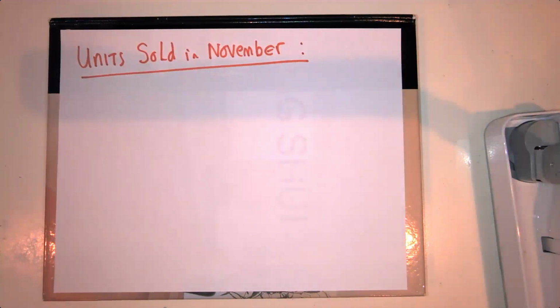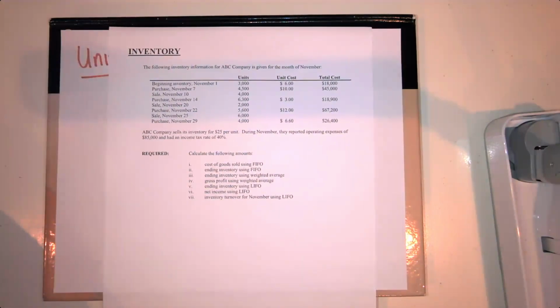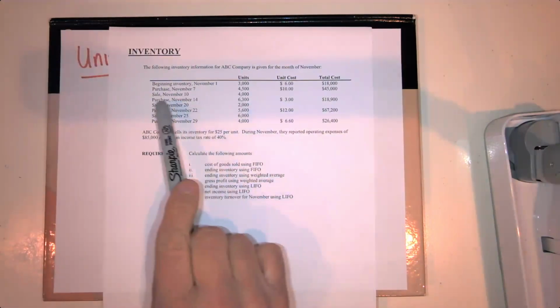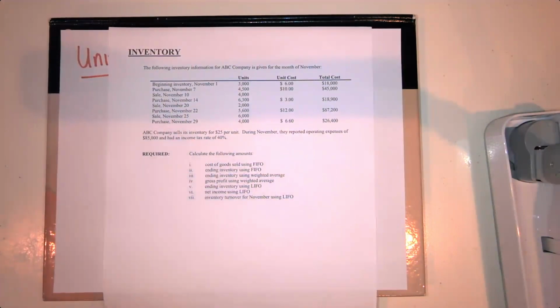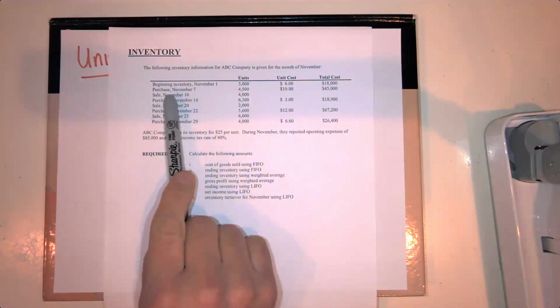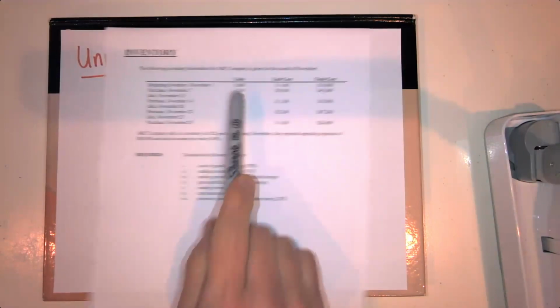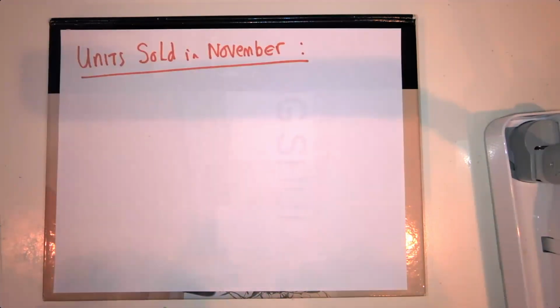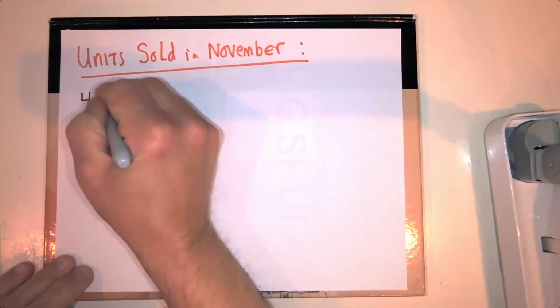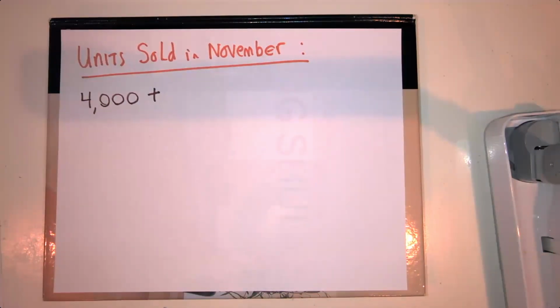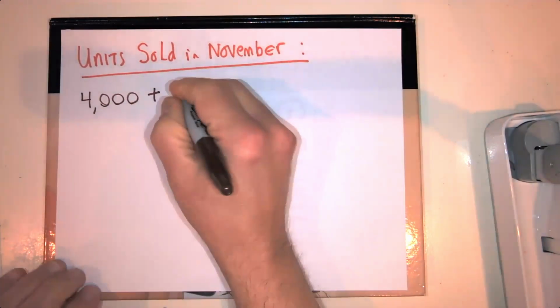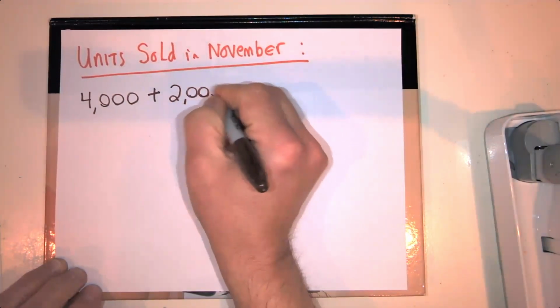And I say, actually, this one's kind of an easy one, because it tells us in the problem where we had a sale, right? Sale, sale, sale. On November 10th, we sold 4,000 units. On November 20th, we sold 2,000 units.